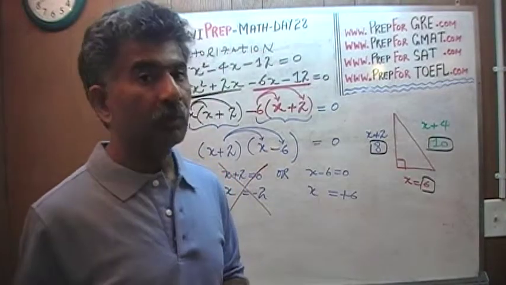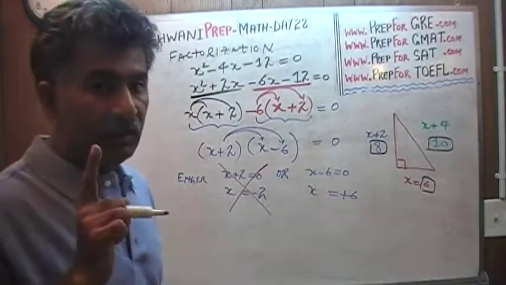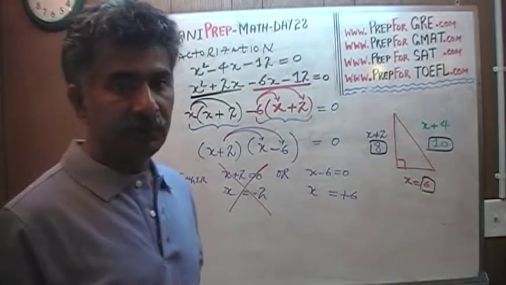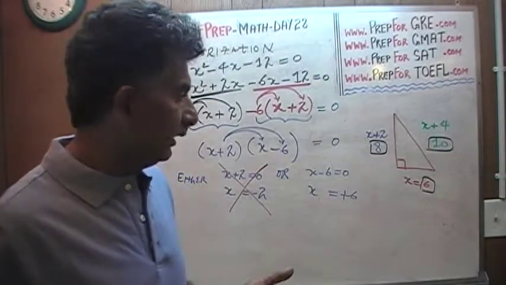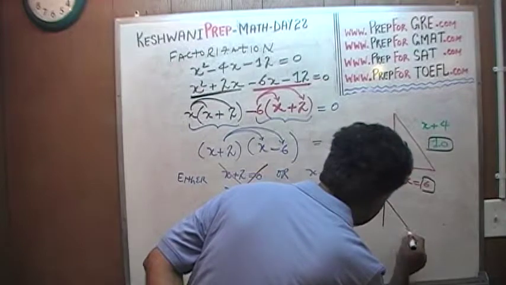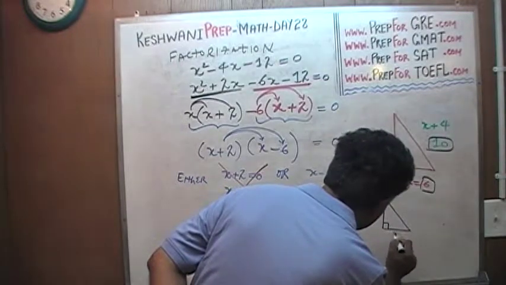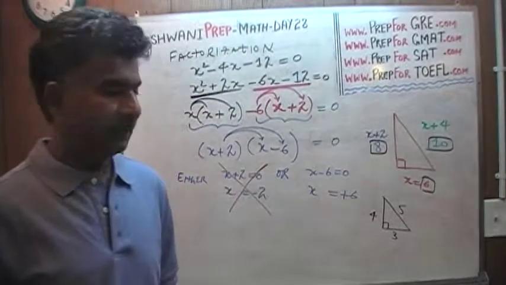For those of you who were quick enough, you might have seen it from the very beginning, that the only way we're going to get three consecutive even integers or odd integers to be the sides of a right angle triangle is if we are dealing with a very simple 3, 4, 5 triangle. That's a 3, 4, 5 triangle incognito.